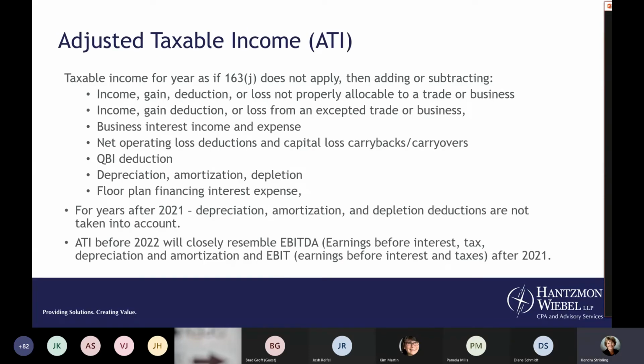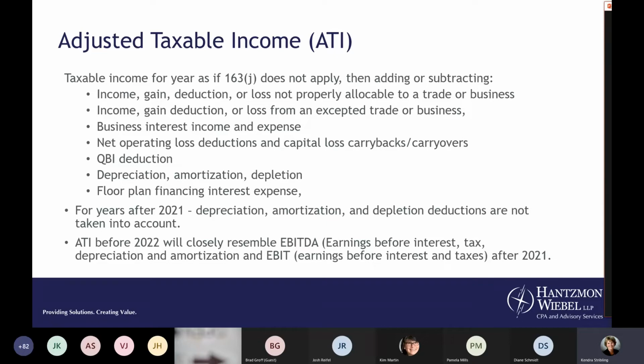Now let's review the calculation of adjusted taxable income. This is the taxable income for the year as if 163(j) does not apply, and then you add or subtract various items of income and expense to arrive at an amount similar to EBITDA.